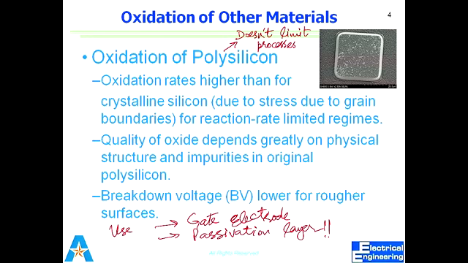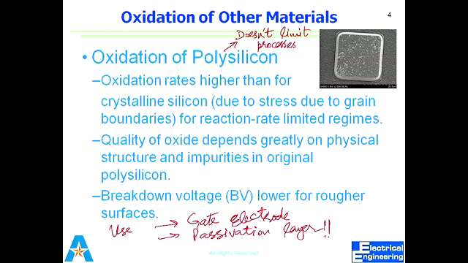Even in the oxidation of other materials, we are talking about thermally grown oxide, and for that we need silicon. If we don't have silicon, you cannot grow silicon dioxide. You can deposit it, but you cannot grow it, because to grow it you need silicon that can react with oxygen to form silicon dioxide.